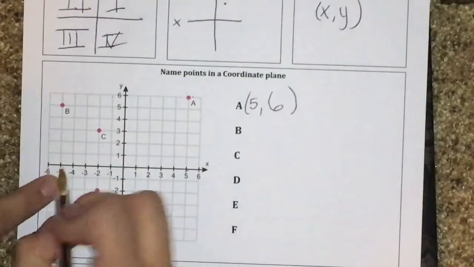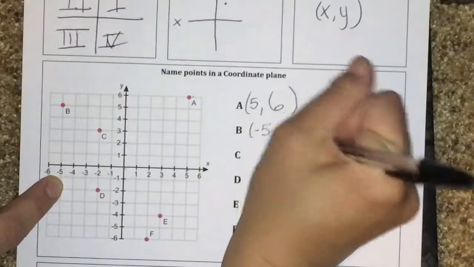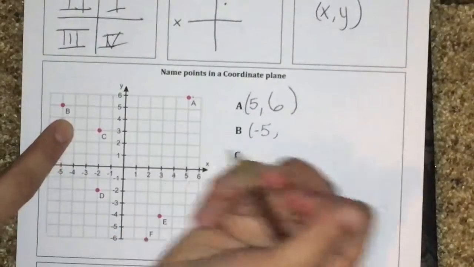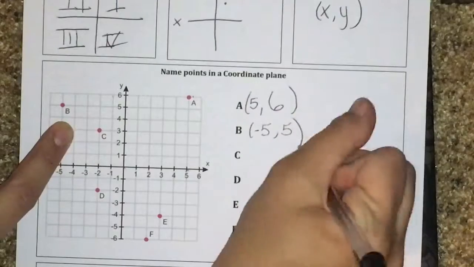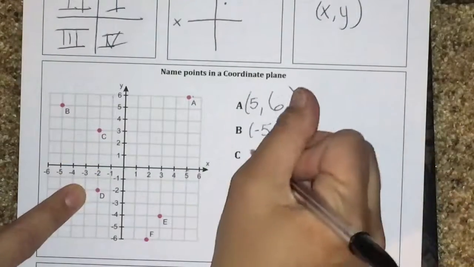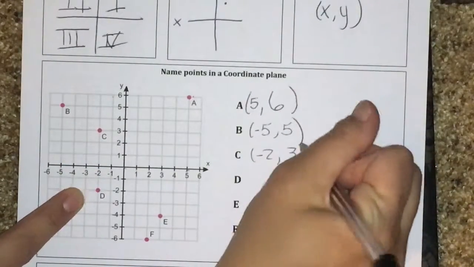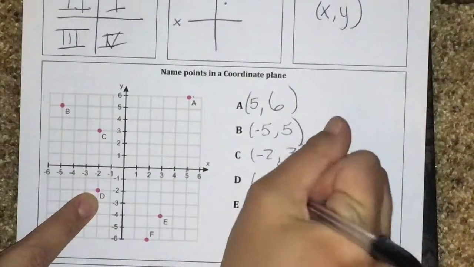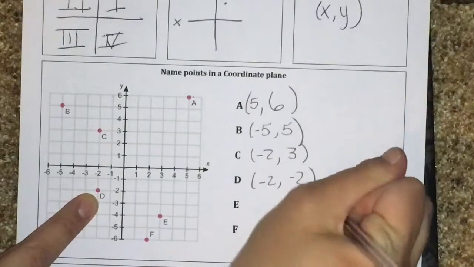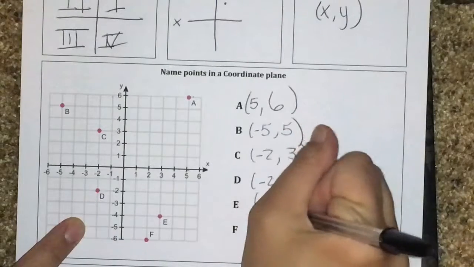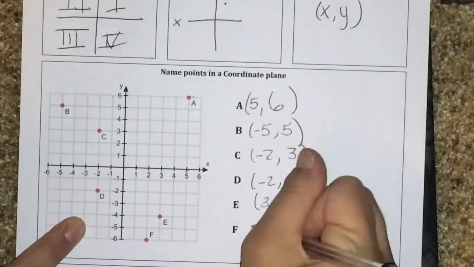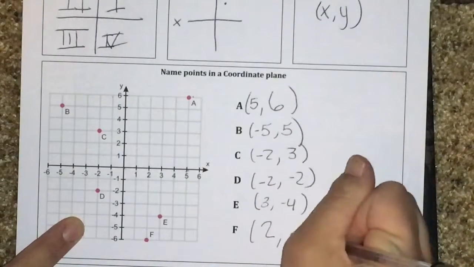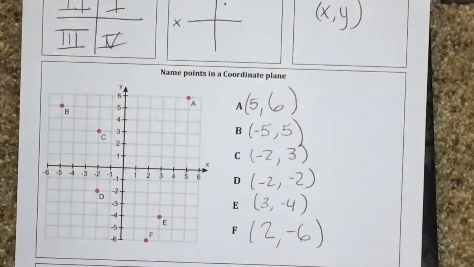For B, our x is -5, and our y is 5. Our C is -2, 3. Our D is -2, -2. Our E is 3, -4. And our F is 2, -6.